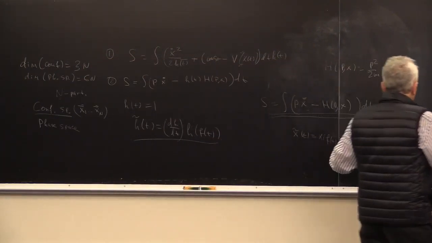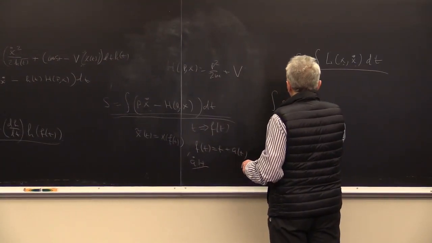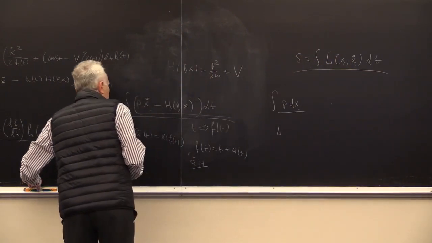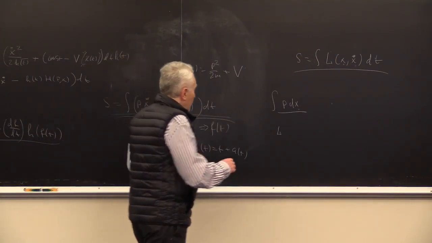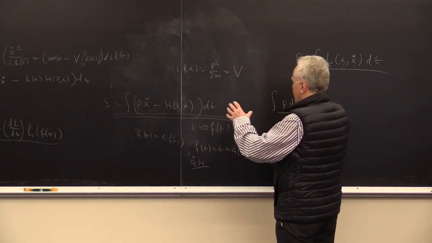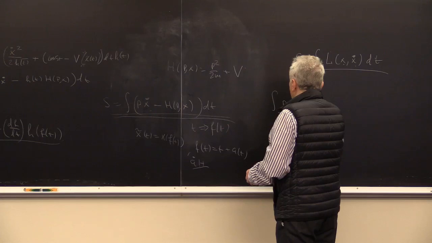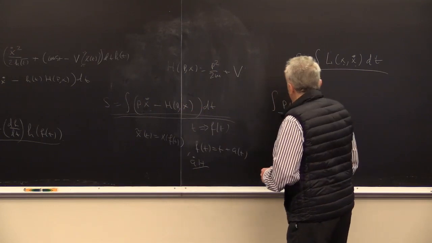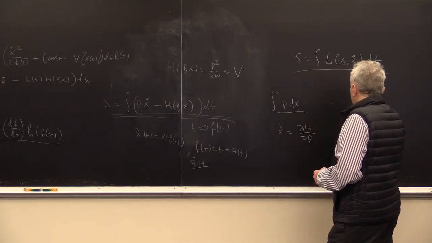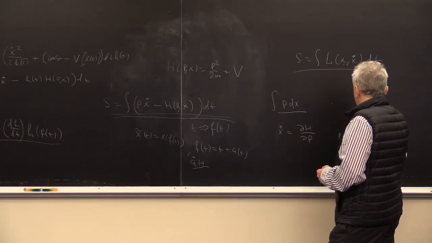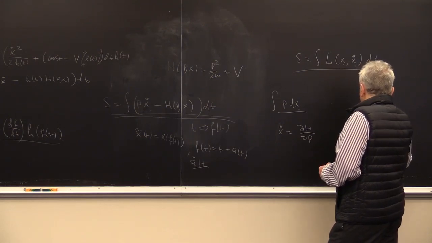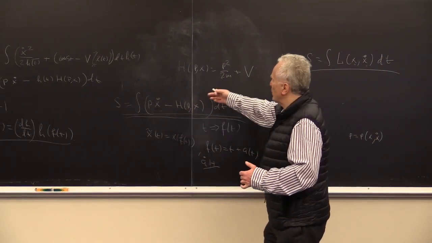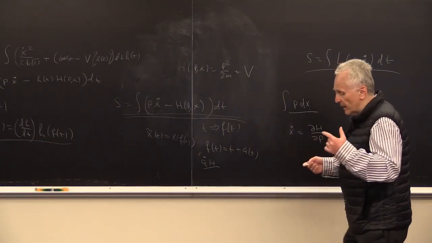Indeed, as you said, technically speaking, we vary p. We have the equation x dot equal to dh/dp from variation of p. We use this equation to find p as a function of x and x dot, and then we plug it back, and we get some expression which depends on x and x dot, and this is the Lagrangian.